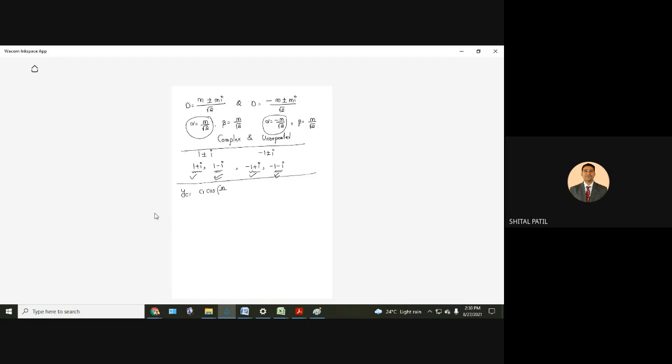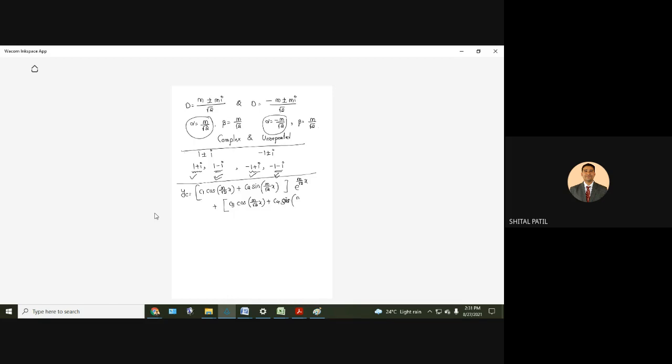e raised to m by root 2x into C1 cos of m by root 2x plus C2 sine of m by root 2x, plus e raised to minus m by root 2x into C3 cos of m by root 2x plus C4 sine of m by root 2x. This sine and cosine term they are same, but the coefficient, that is the exponential term, is different.